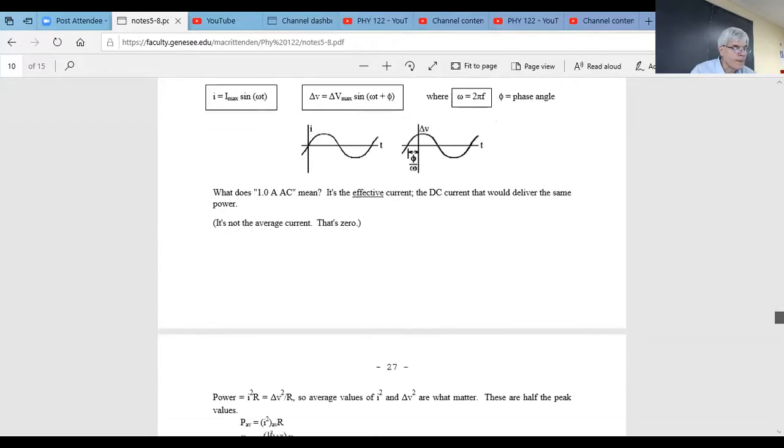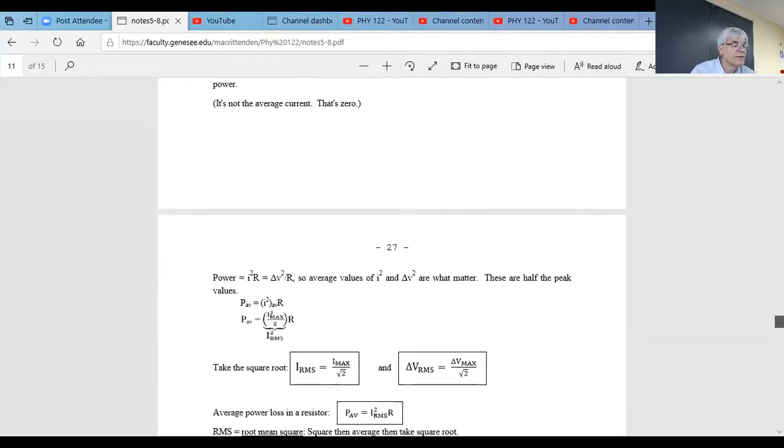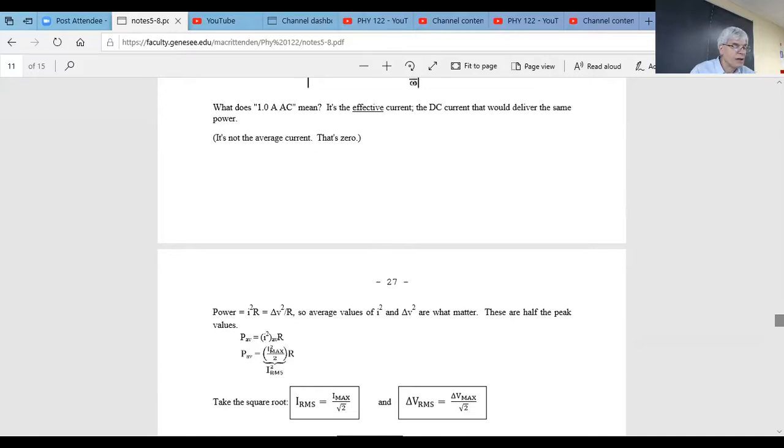So power, if it's going to be delivering the same amount of power, power is equal to I squared R from several weeks ago. And it's also equal to V squared over R if you want to calculate it from the voltage instead of the current.